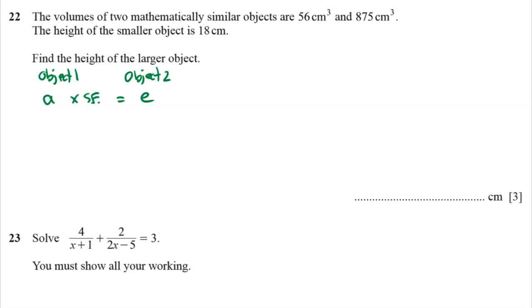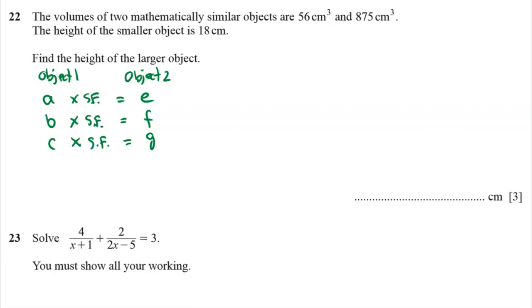And if we get another length in the first one, we multiply it by the scale factor, that will equal EF, the length in the other one. And let's take a third length. Why? Because for volume we need like 3 lengths, right? A cube, rectangular prism. By a scale factor is going to equal EFG, because that's how similar objects work.